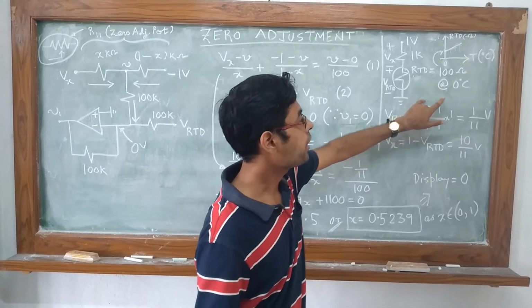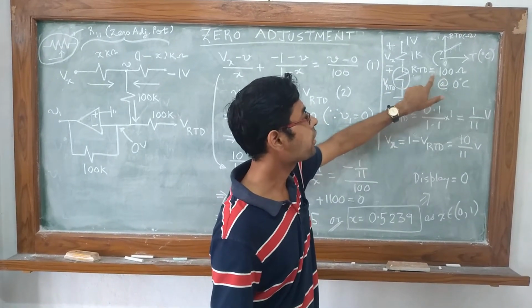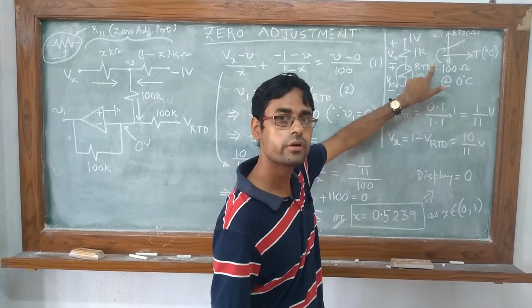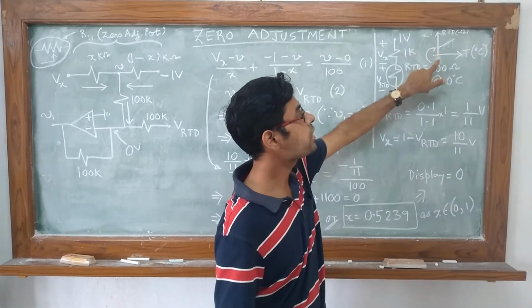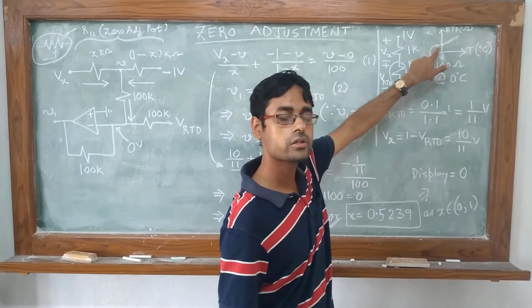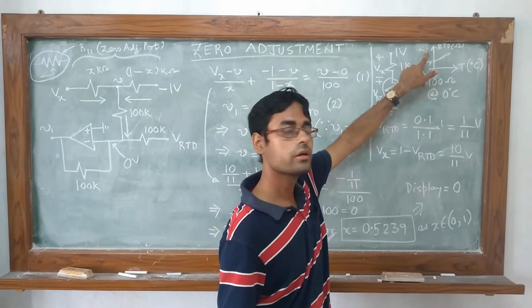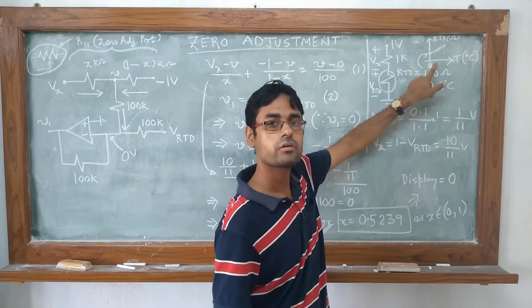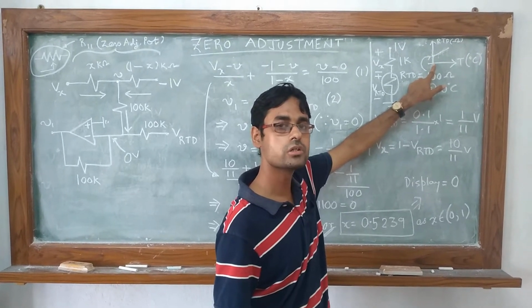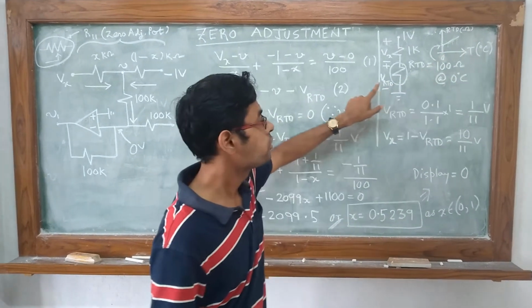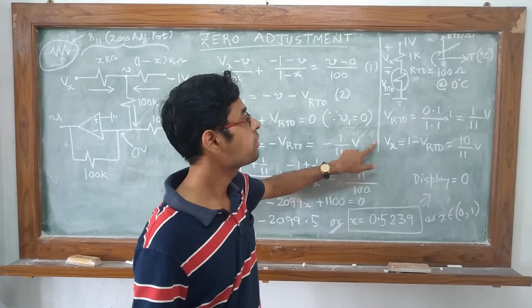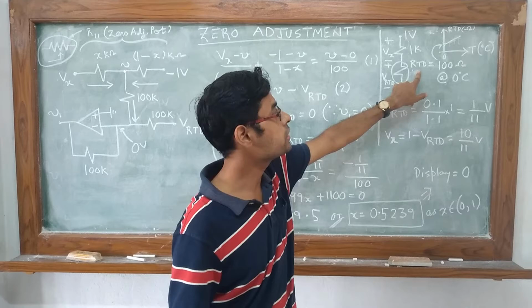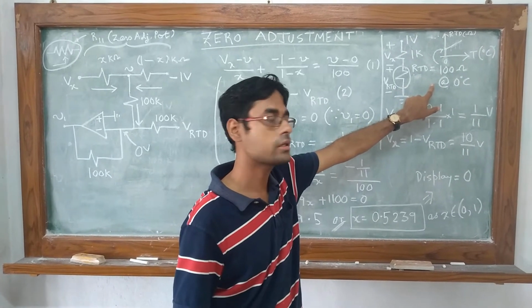We know that at 0 degree centigrade, the RTD should provide 100 ohms, or in other words, graphically we can say that when the RTD resistance is 100 ohms, then the temperature of the process must be 0 degree centigrade. So what are the values of VRTD and Vx corresponding to the RTD being at 0 degree centigrade?